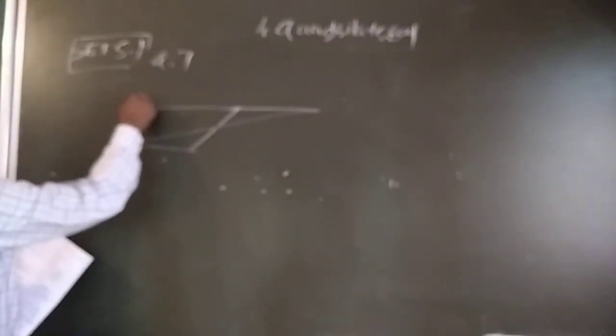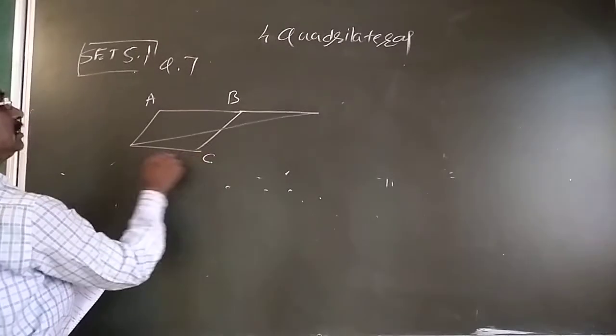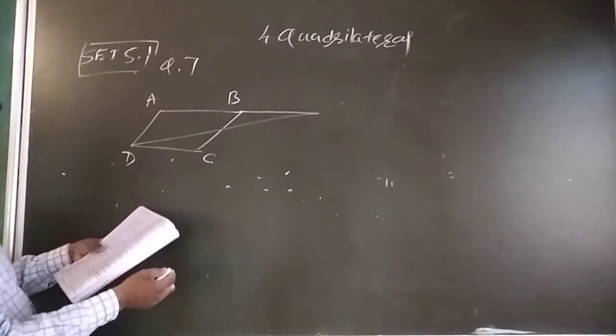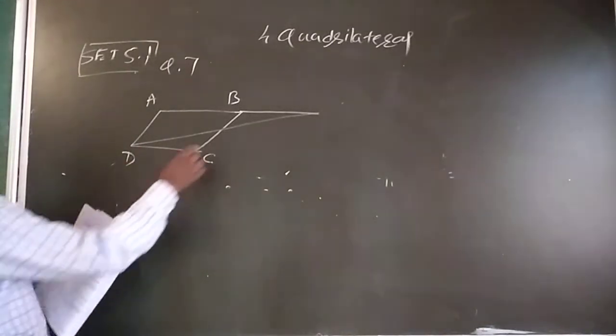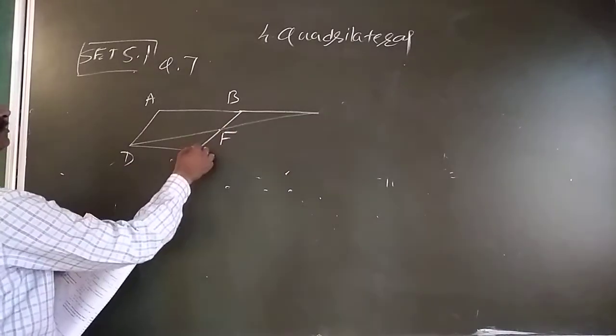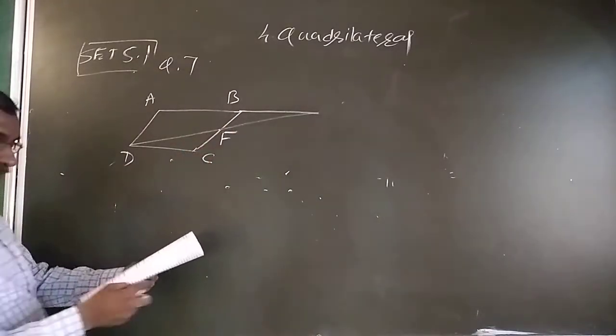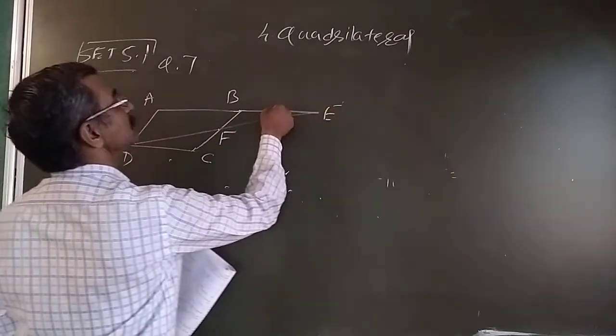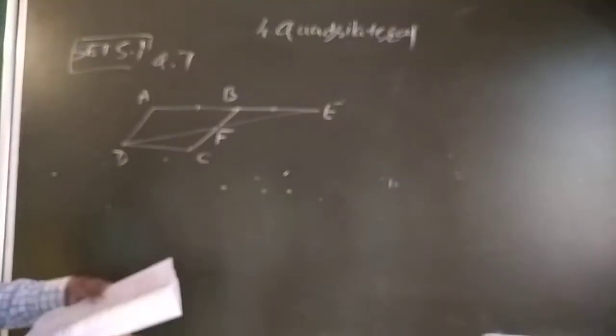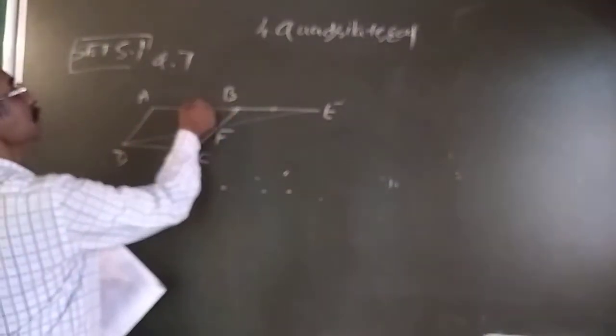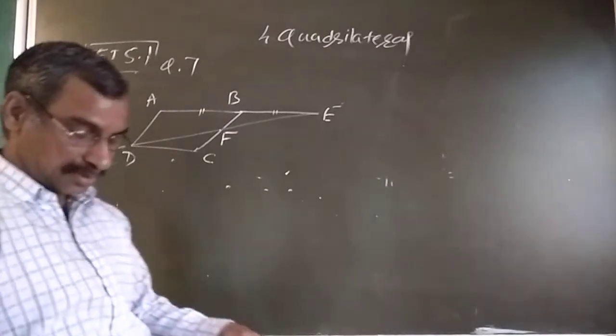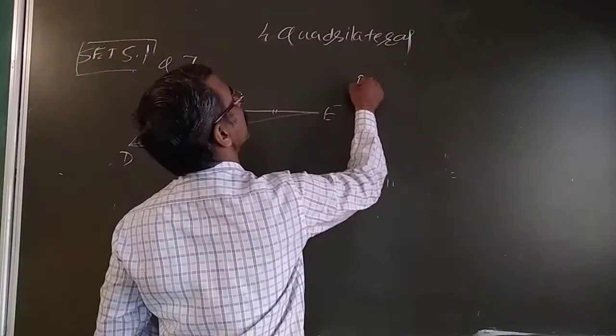Then it is a parallelogram ABCD. Then here is the point F and it is the point E. So it will bisect the given segment in two parts. So for that we are writing the proof.